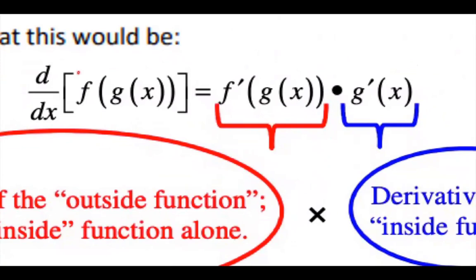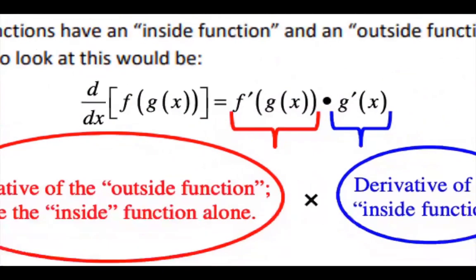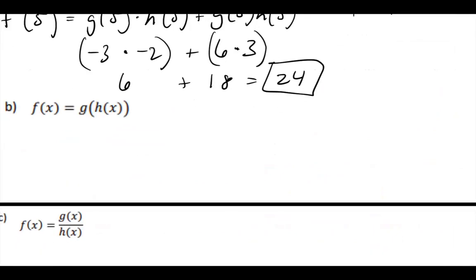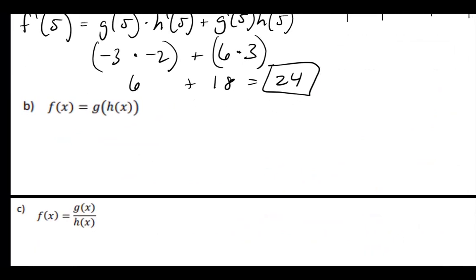Doesn't it look just like this, except G is here and H is here, right? It looks like that, right? Well, what did we use? Chain rule. Okay, we're going to use the same thing for here. G, H is inside of G. So G is the outside function.